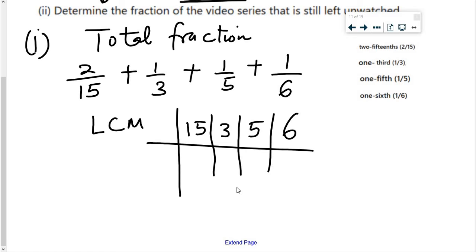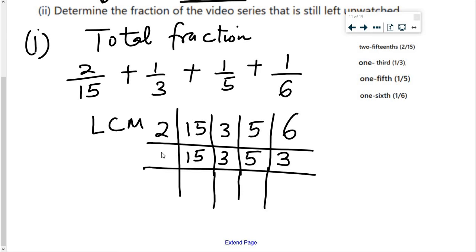So step 1, how do we add these fractions? Find the LCM of the denominators first. In this case, divide by 2: 15, 3, 5, 3, and then by 3, that is 5, 1, 5, 1. And then by 5, 1, 1, 1, 1.